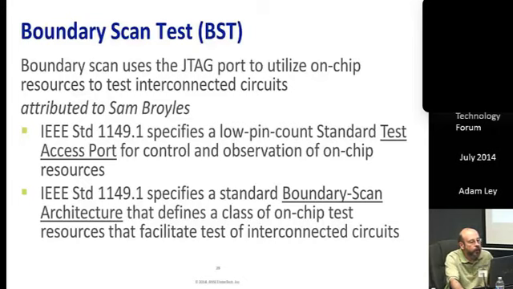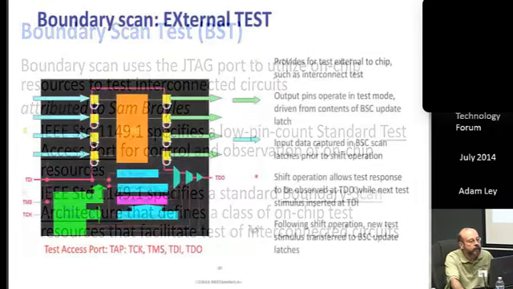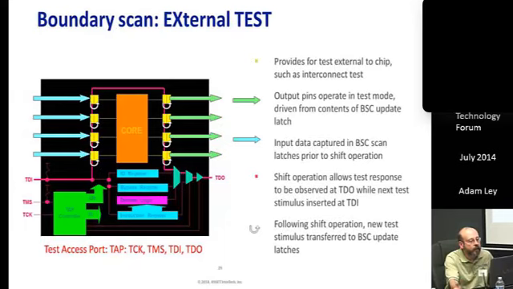There's a slide in here which I won't belabor with a lot of detail, but hits on the meat of boundary scan, which is 1149.1 EXTEST, short for external test, and that basically provides the means to control chip outputs through the test access port and to monitor chip inputs through the test access port.